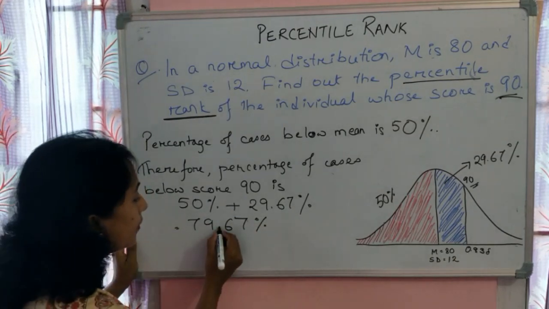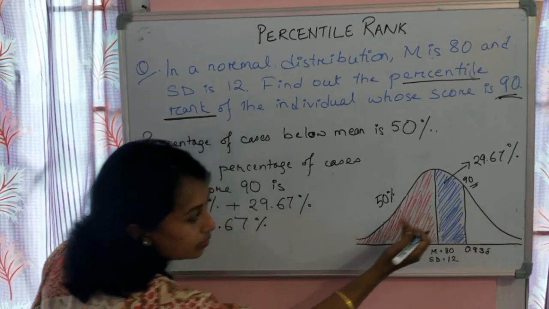This is the percentage of cases lying below 90.